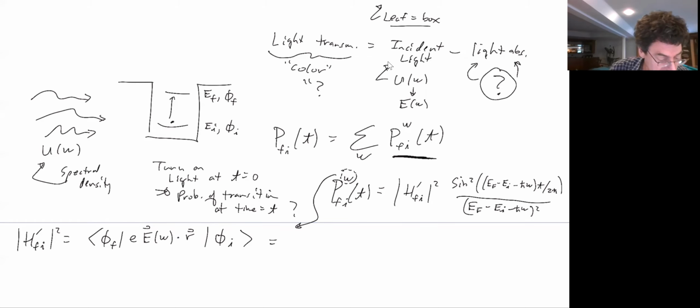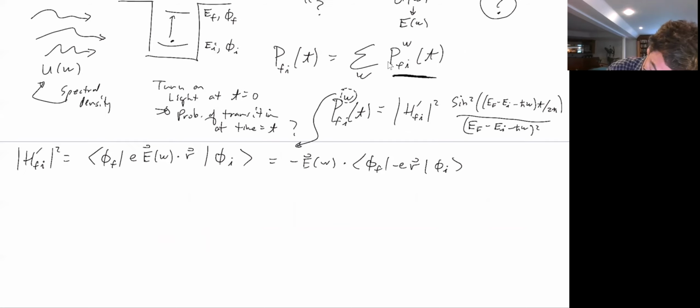We can pull that electric field out. We can do what we did before. I can pull the electric field out, dot it in with the final state minus E r initial state, and then I can call this thing my dipole matrix element.